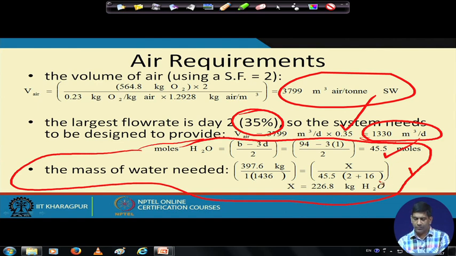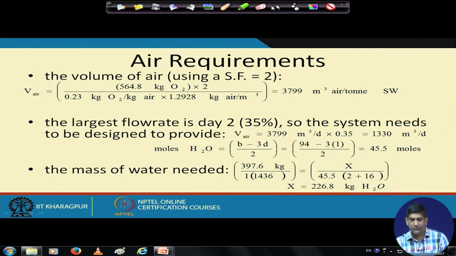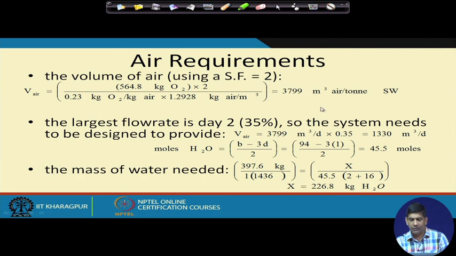Based on that you can find out the oxygen requirement, the water requirement, or even how much water will be produced. So this is an illustration of other information you can find, and that's present on that slide.